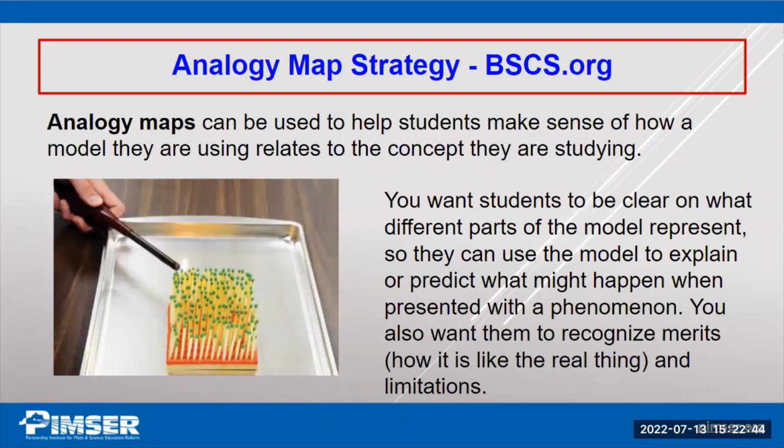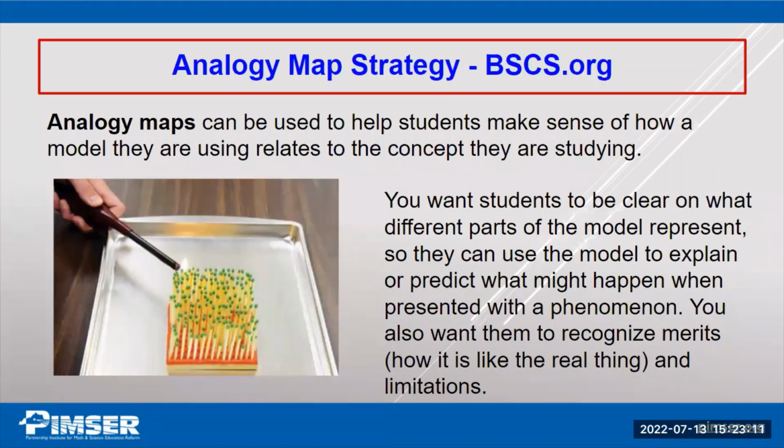Another strategy that we'd like to share comes from BSCS Science Learning. This is called the analogy map strategy, and this strategy is in your resources. Analogy maps can be used to help students make sense of how a model that they're using relates to the concept that they're studying. Analogy maps can be used with a variety of types of models, even mental models that students are thinking about.